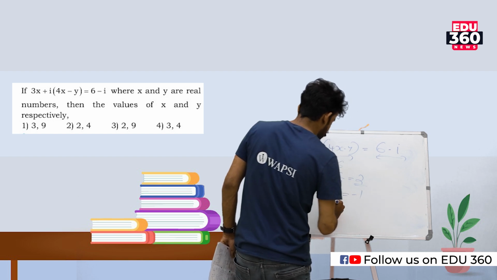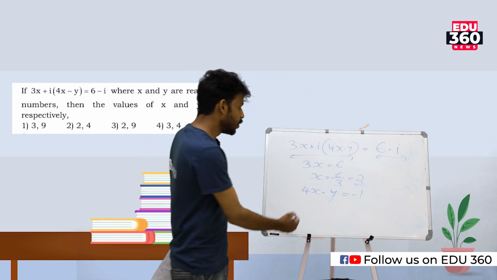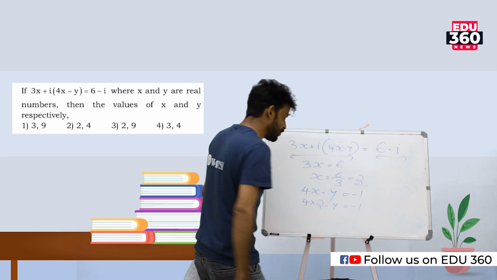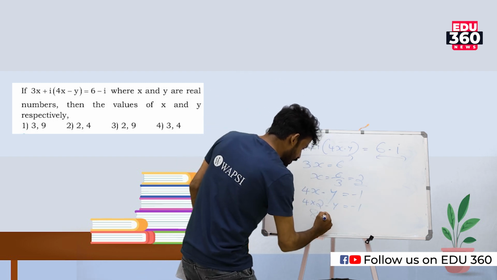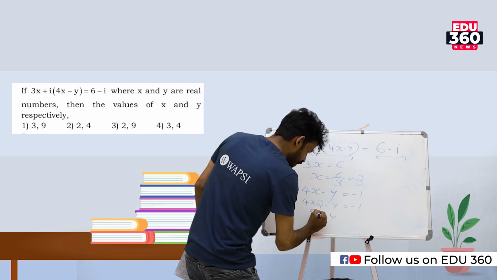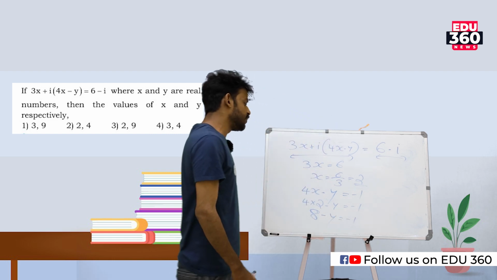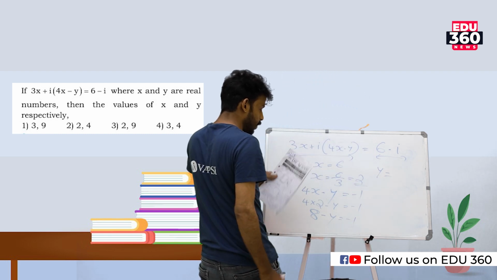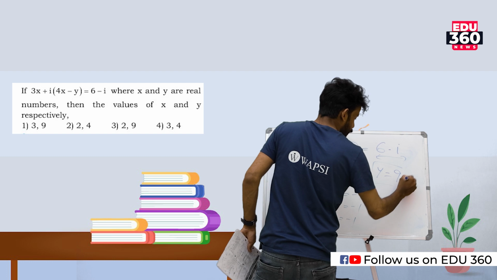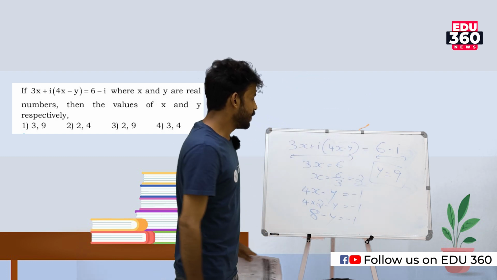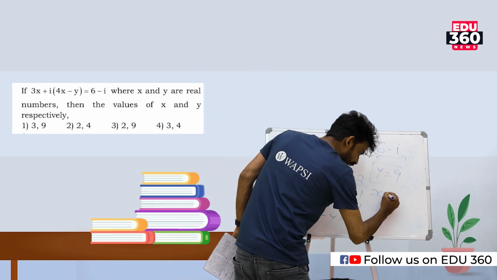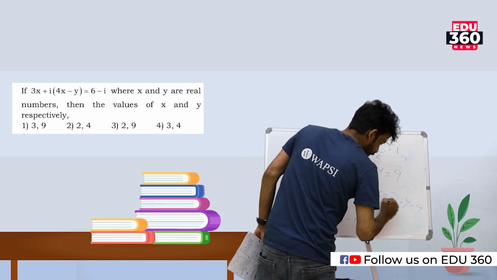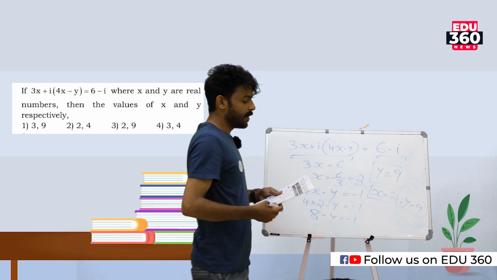Just substitute x is equal to 2: 4 into 2 minus y is equal to minus 1, so 8 minus y is equal to minus 1. From this we can write y is equal to 9. So x is equal to 2 and y is equal to 9.